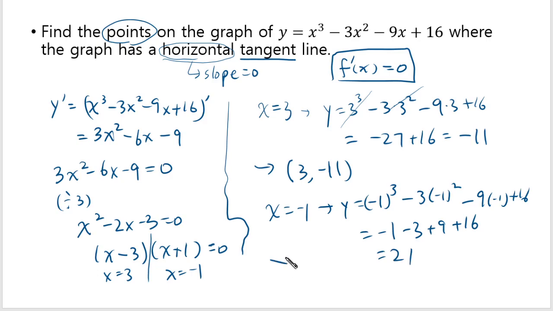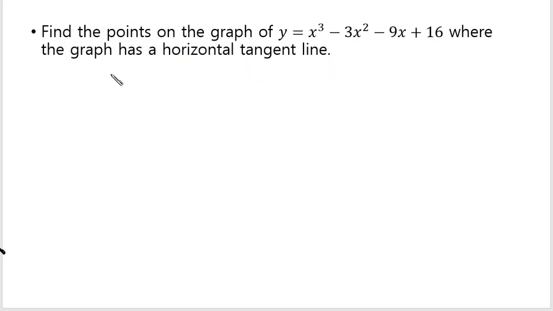So we have this point negative 1 comma 21. So that's the answer. But let me try to explain by graph what this means. So the answer is 3 comma negative 11 and negative 1 comma 21.